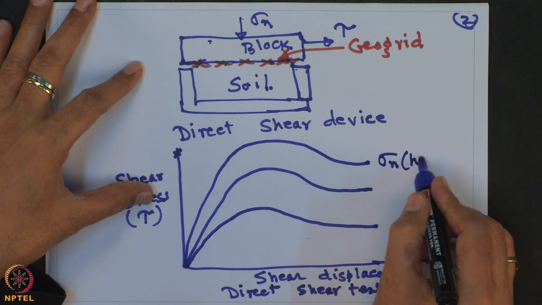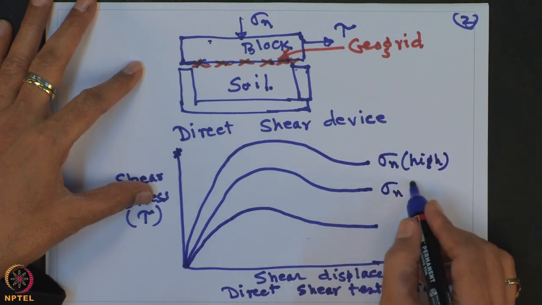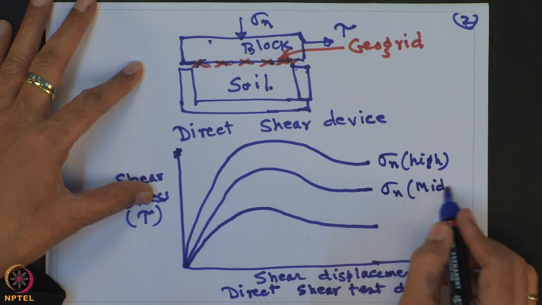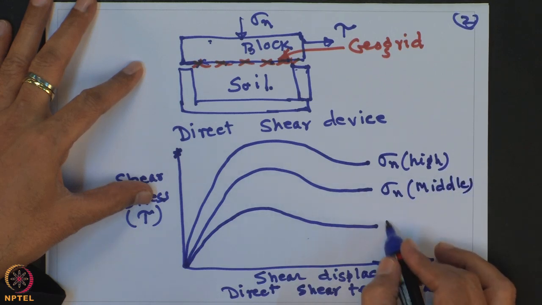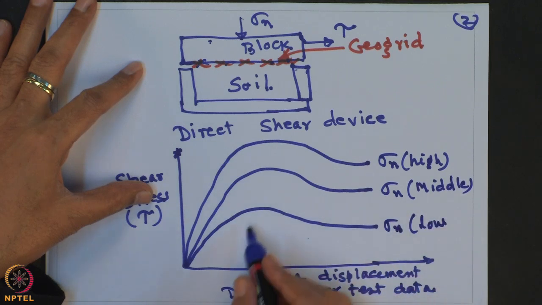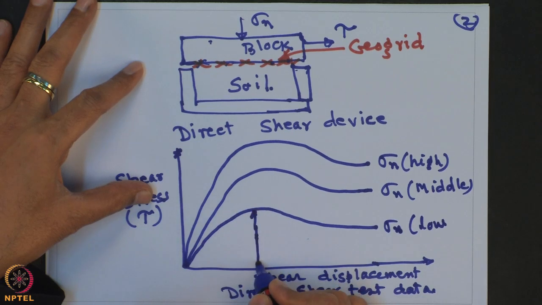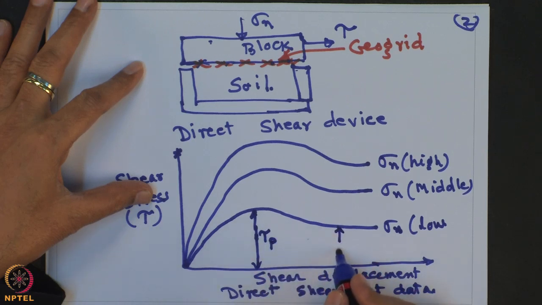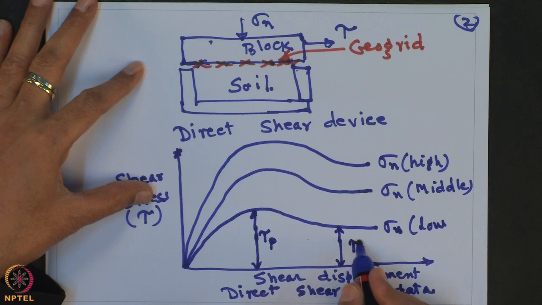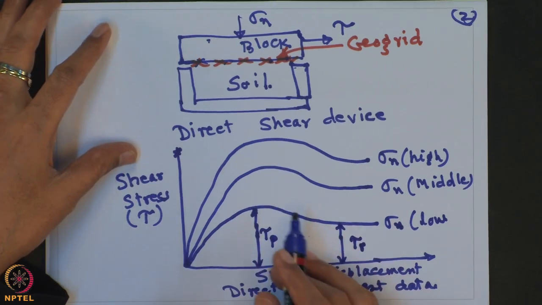Under sigma n, this may be the high, this the middle, and this the low. So, you can determine the tau peak value and the tau R value, that is the peak and residual values. From the direct shear test you can determine these.